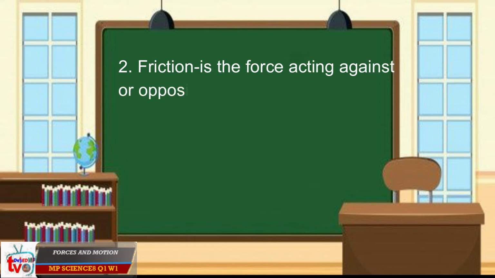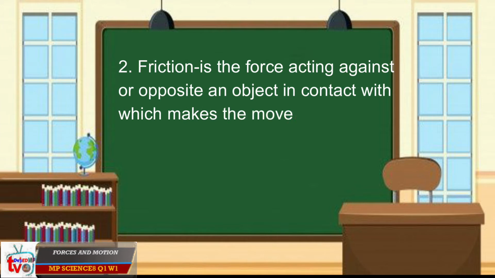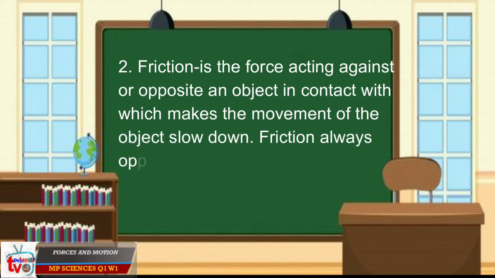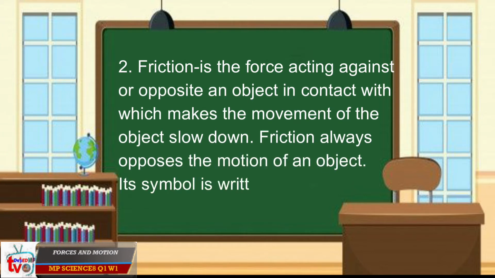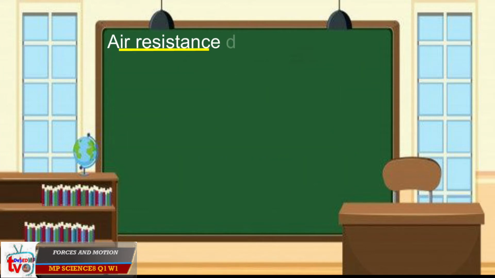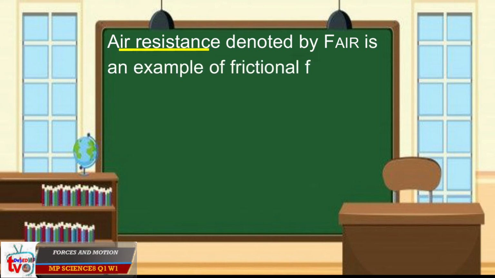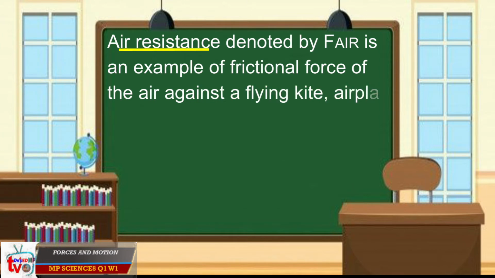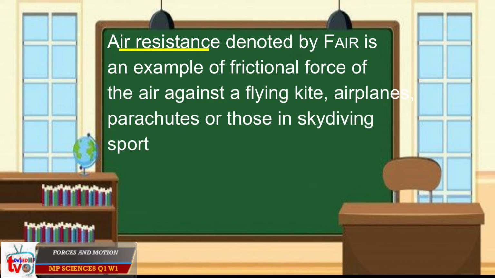Number 2, friction. It is the force acting against or opposite an object in contact with which makes the movement of the object slow down. Friction always opposes the motion of an object. Its symbol is written like this. Air resistance, denoted by F air, is an example of frictional force of the air against a flying kite, airplanes, parachutes, or those in skydiving sports.